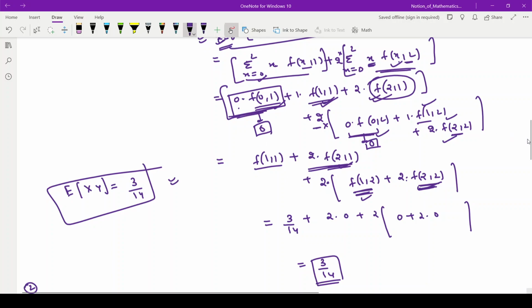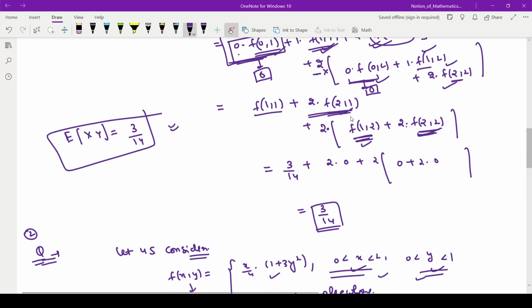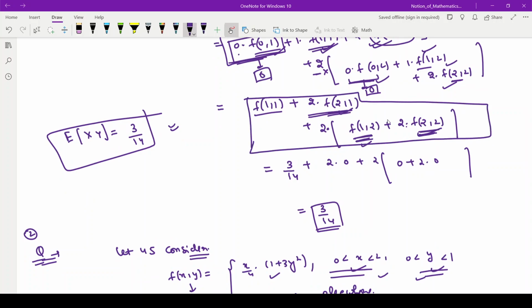Now the question is: how are we going to get these values in this particular expression? These values are already provided in the question. If I am talking about these three values, f21, f12 and f22, all these values are 0 in the question, and f11, that is (1, 1), is given as 3 by 14.